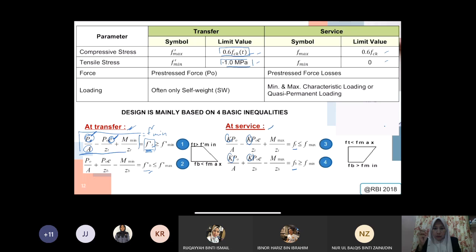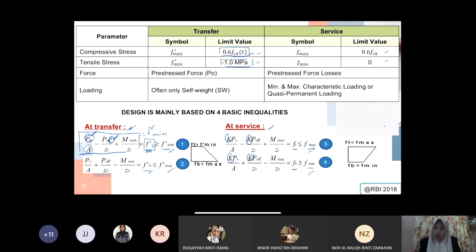So this will represent the stresses that will act on your beam. Of course it will satisfy this condition, means that it will be lesser or equal to F maximum, and bigger or equal to F minimum. So normally when you determine your P and your E, you put them back into the equation and check whether it satisfies the equation or not.